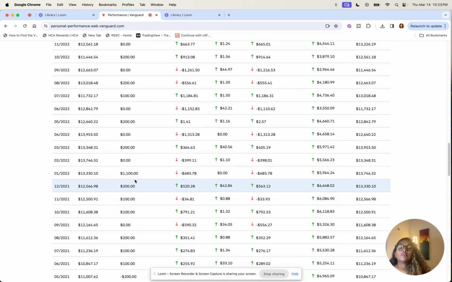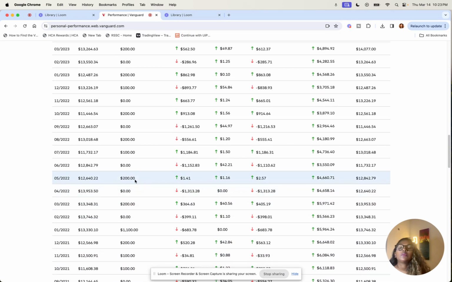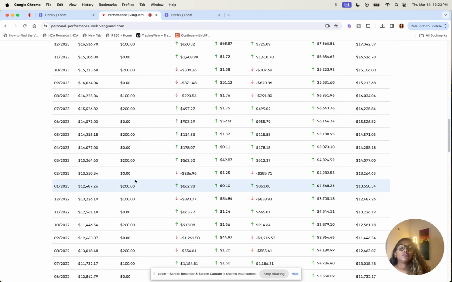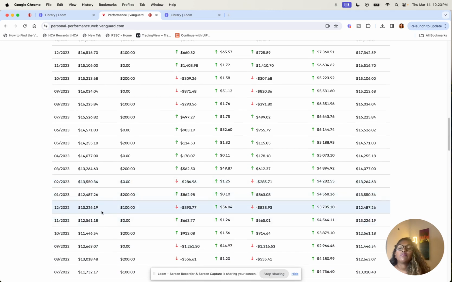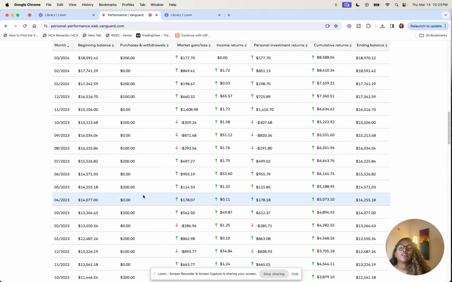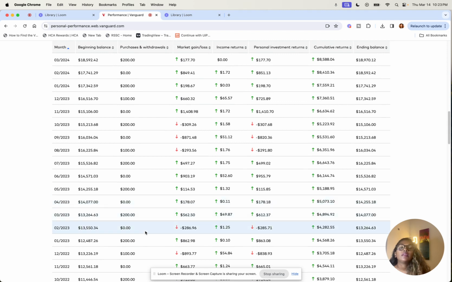And let me just go up a little bit more so you could see the very top of this page. This is every month for the last 3 years only that I did this account. And so you see beginning balance, the month's beginning balance. These are the beginning balance, purchase and withdrawals.